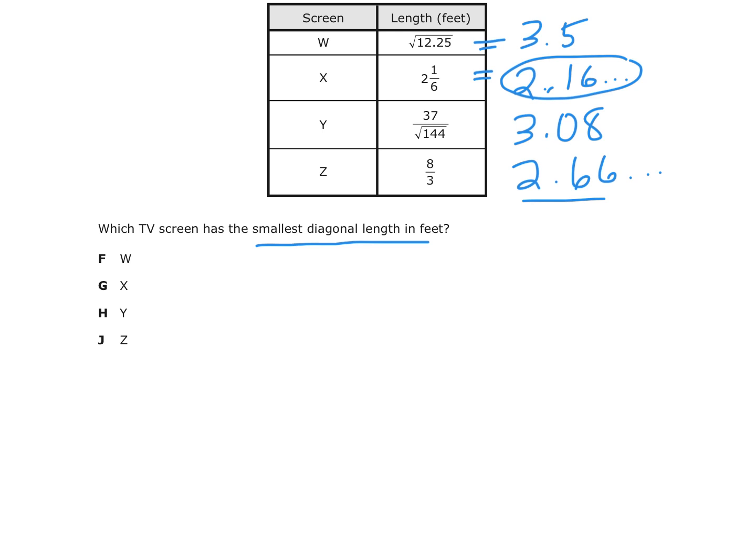So 2.16 corresponds with screen X. So screen X is answer G. So for number 16, the correct answer was G. To summarize, you have to convert all of these to decimals. The lengths in feet are converted to decimals using your handy-dandy calculator. Then write the answers down and start comparing which is the smallest diagonal. So that was for number 16.